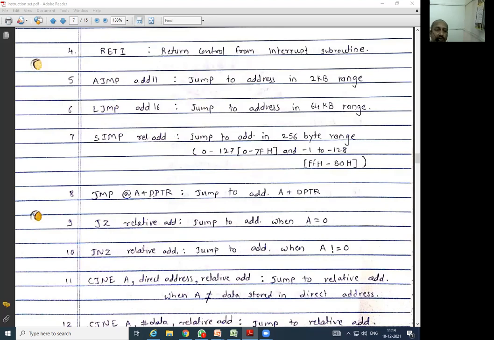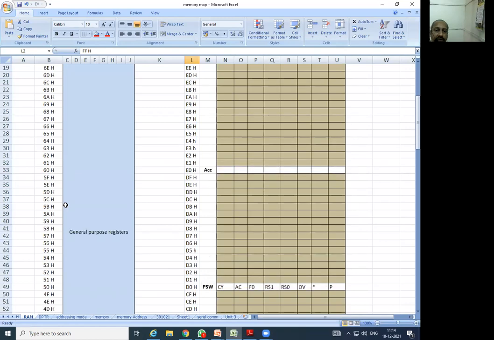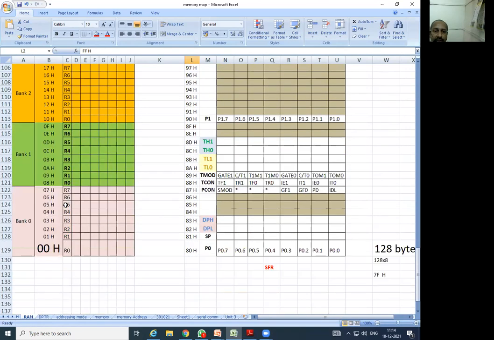It also has 8-bit registers, DPH and DPL. Are you remembering? Each one has a fixed memory address. Just remember what I have highlighted: DPH is 83H and DPL is 82H.